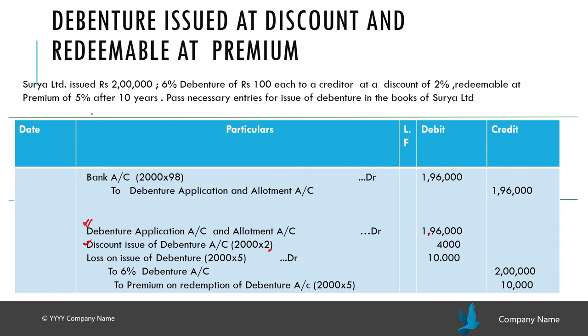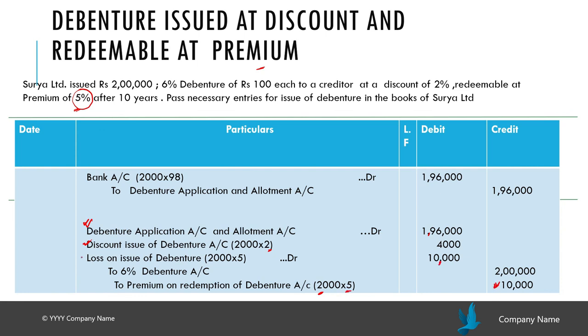After that, the company will also show the securities premium reserve of rupees 5, because the company is going to redeem it at 5% of 100, that is rupees 5. So this 5 rupees will be premium on redemption of debenture, that is 2,000 into rupees 5, that is 10,000.